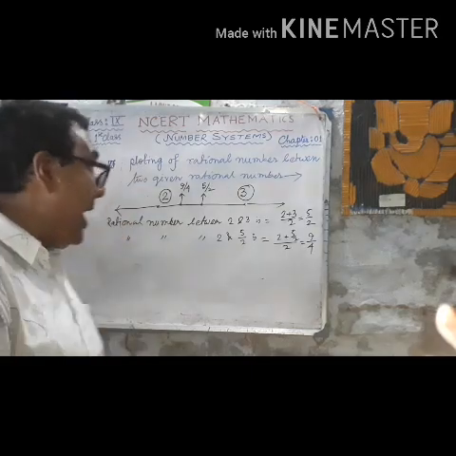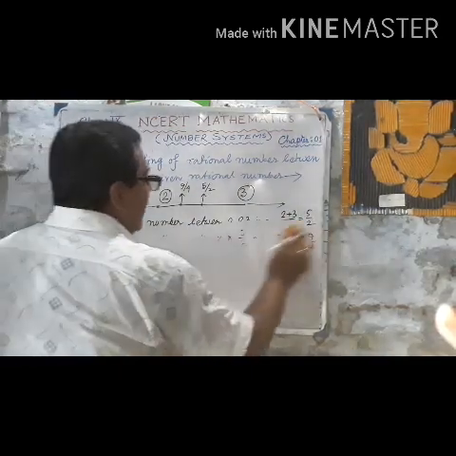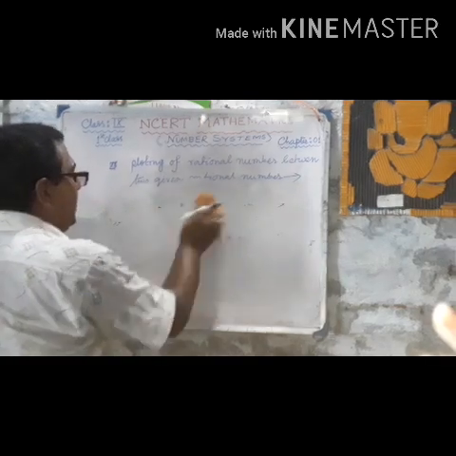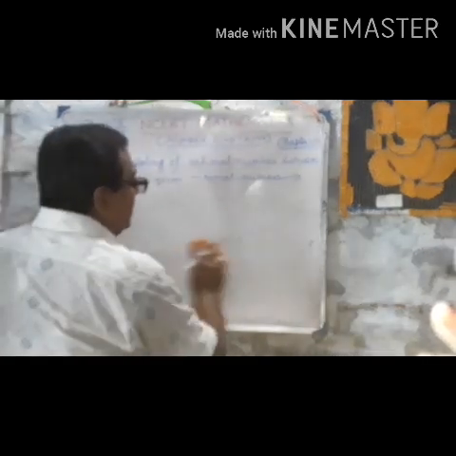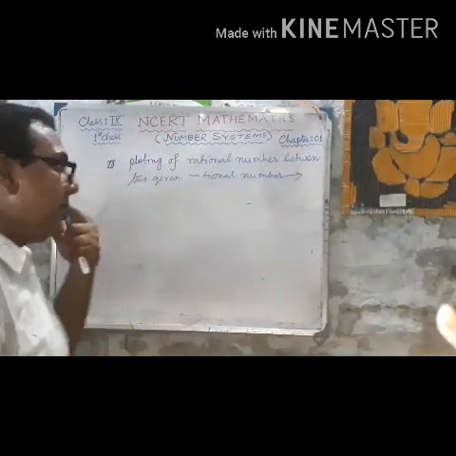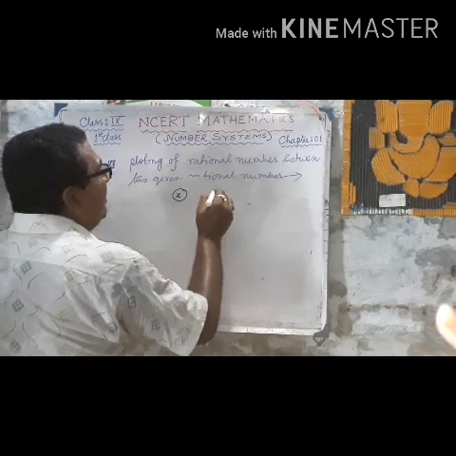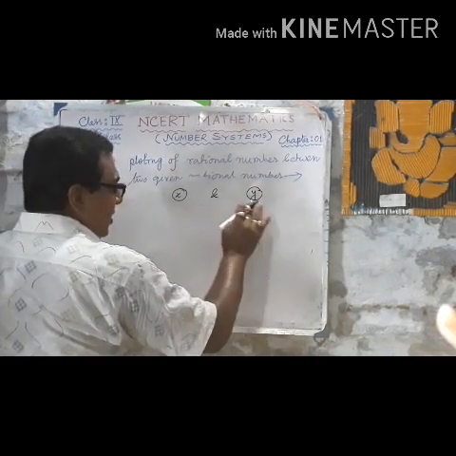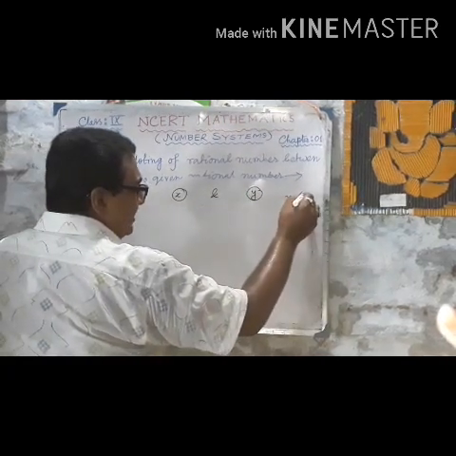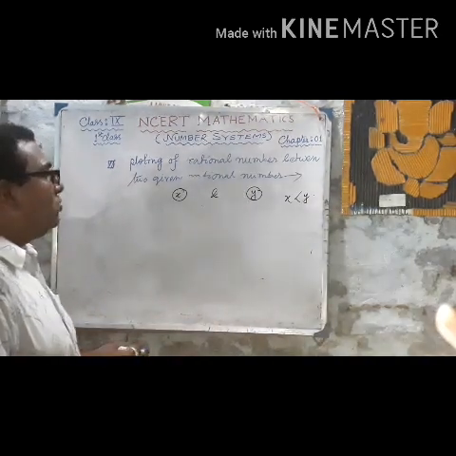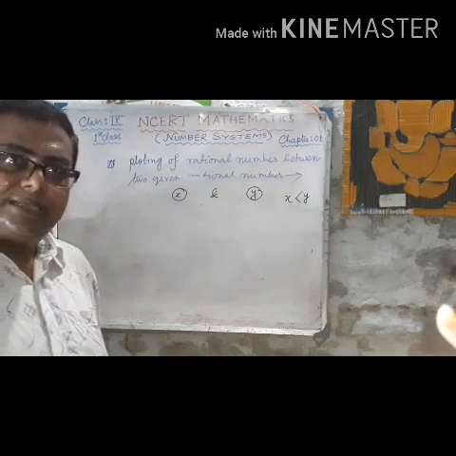There is another process for plotting the rational numbers between two given rational numbers. Let us suppose x and y are two rational numbers where x is less than y.